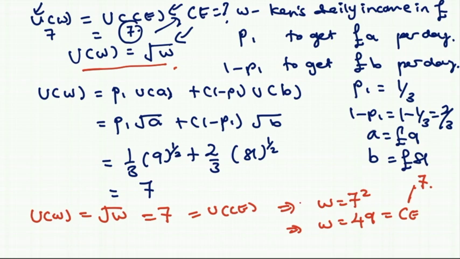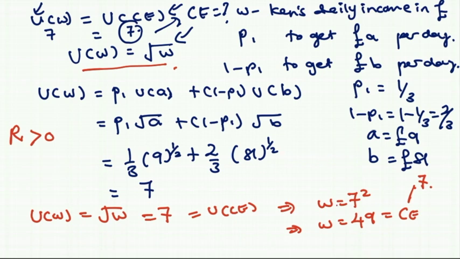All right? Now, if Ken is risk-averse, then we know that the risk premium has to be positive, isn't it? Now, before I proceed to the calculation of risk premium so that we can check whether Ken is a risk-averse person or not, let me give you something here.